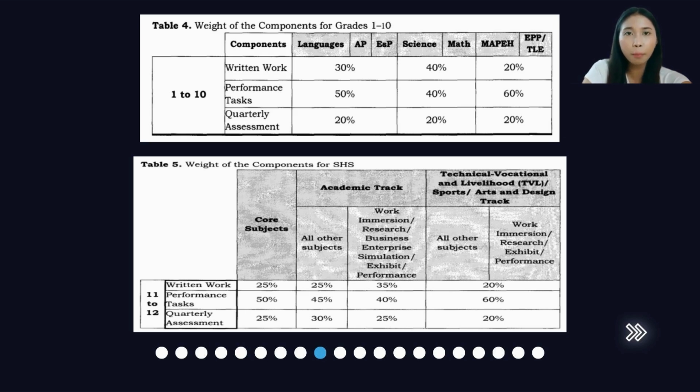Under this is the student progress, where progress is reported quarterly through the report card, where students are graded on the basis of these competencies. And another one is commentary on performance, where teachers provide feedback on the students' strengths, weaknesses, and areas for improvement. So these comments are critical for guiding student development.